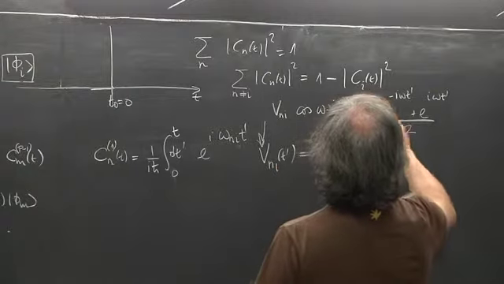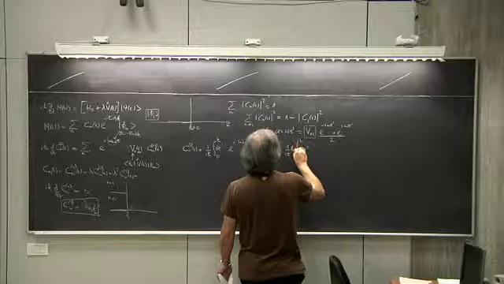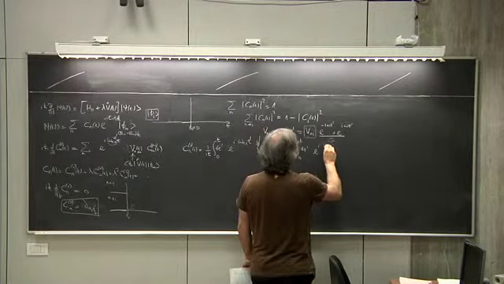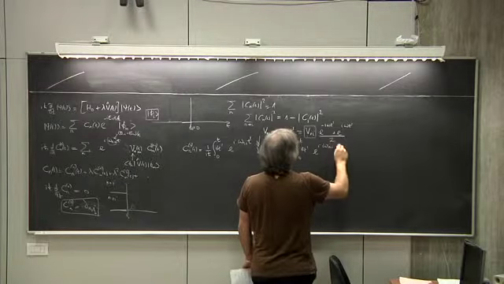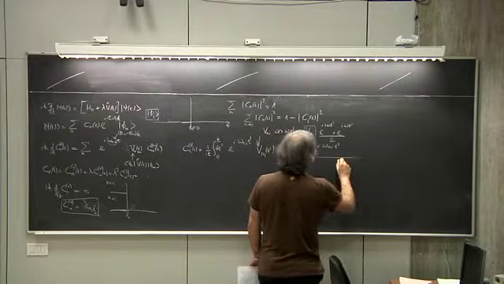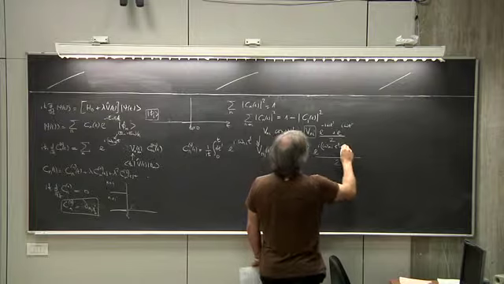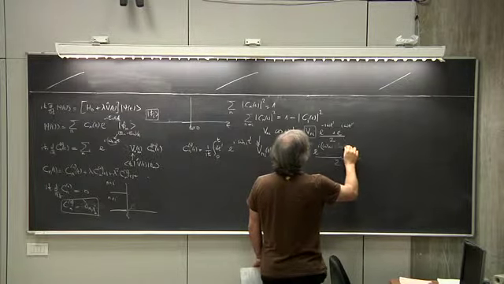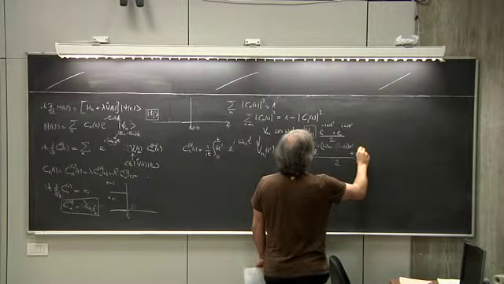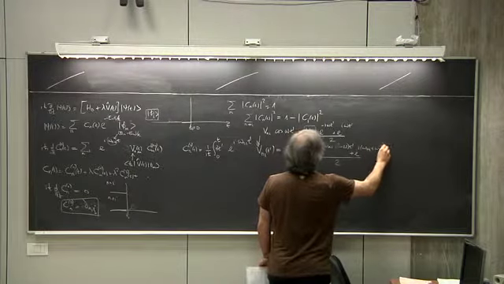This coefficient in front is common to everything, so I just put it here, V_nI. The integral really involves just e to the i omega_nI t. There are two terms, in fact. Let's write it like this. One has this minus omega t prime, and another one has plus omega.